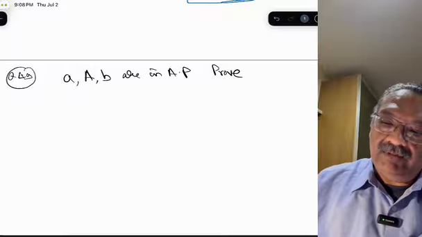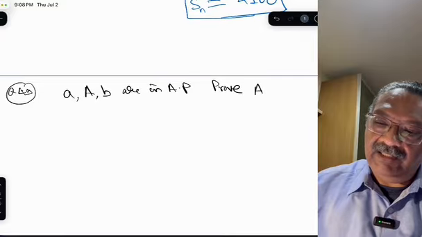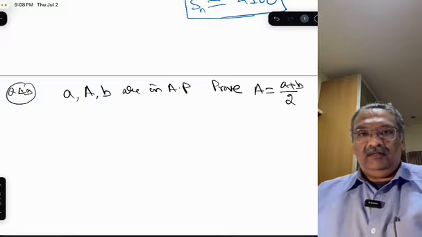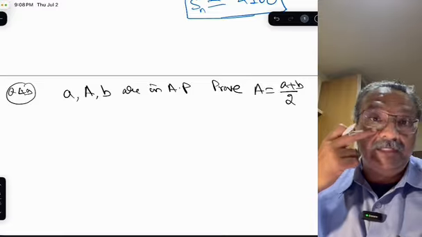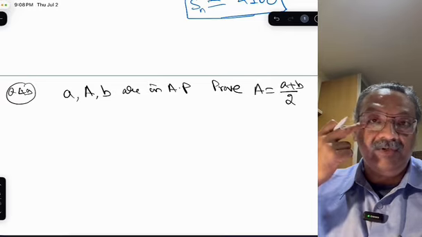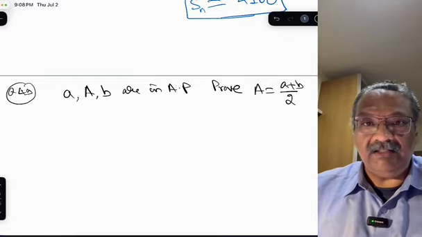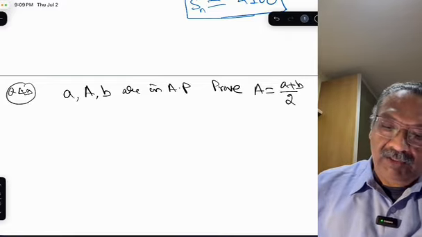Prove capital A is equal to a plus b by 2. We had discussed this, that if three consecutive terms are given, then the middle term is the average of the first and the third term. But we will prove it here.